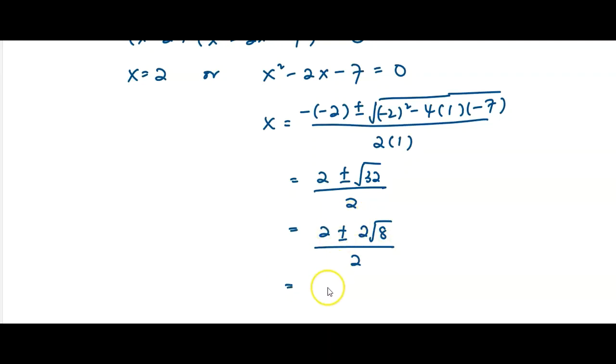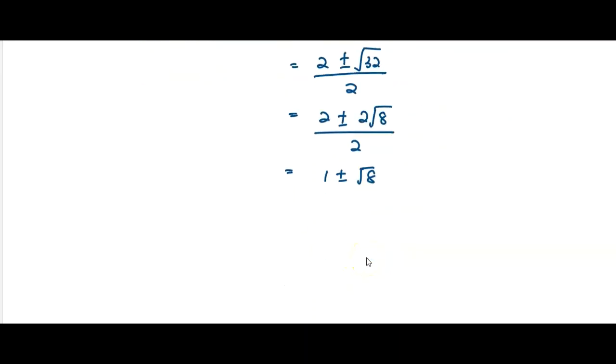So factor out the 2, you will have 1 plus or minus surd of 8 by cancelling off the numerator and the denominator. Simplifying further, you will have 2 surd 2.